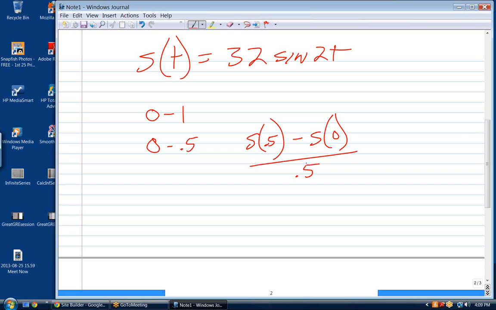Why don't you go ahead and do in your calculator 32 times the sine of 1. Sine of 1. Yeah, because 0.5 for t will make this the sine of 1. We already know this amount here is going to be 0. So whatever answer you get, multiply it by 2, and we'll have our final answer. Multiplying by 2 is the same as dividing by 0.5. Okay.